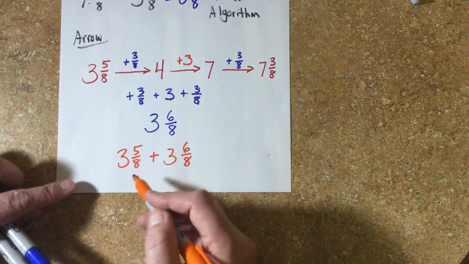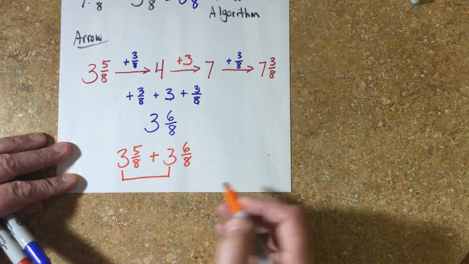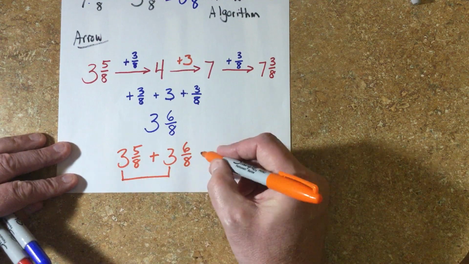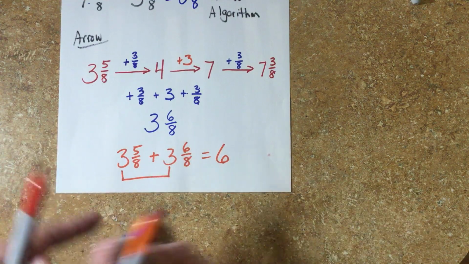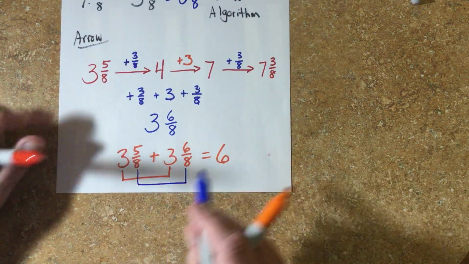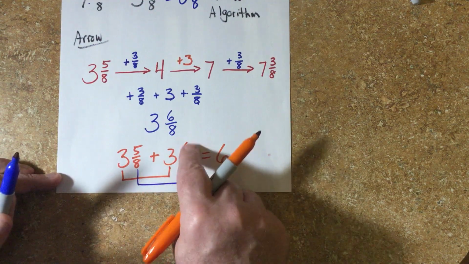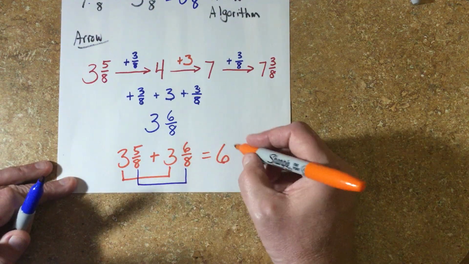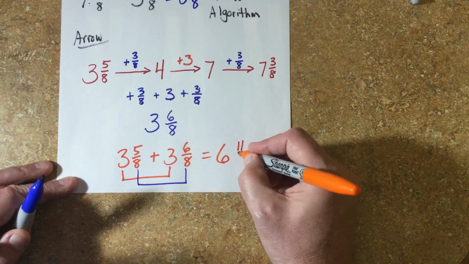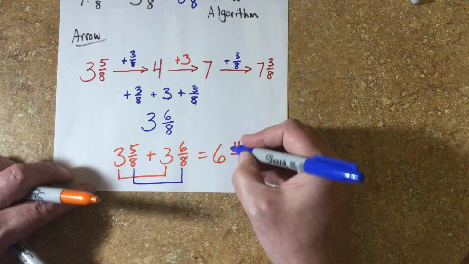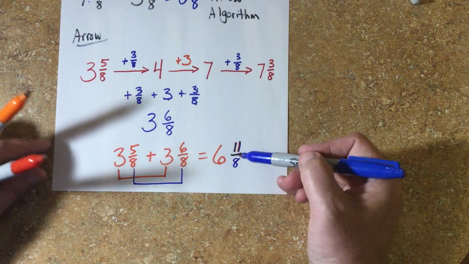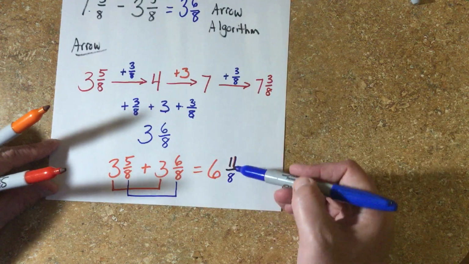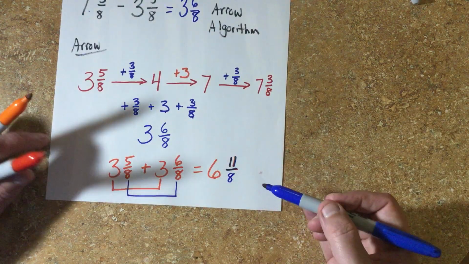And if I do that the way we've been doing it, add the whole numbers, 3 plus 3 equals 6. 5/8 plus 6/8 is, oops, I want to do this in blue, 11/8. And here, we got that same situation when we added. We have an improper fraction.